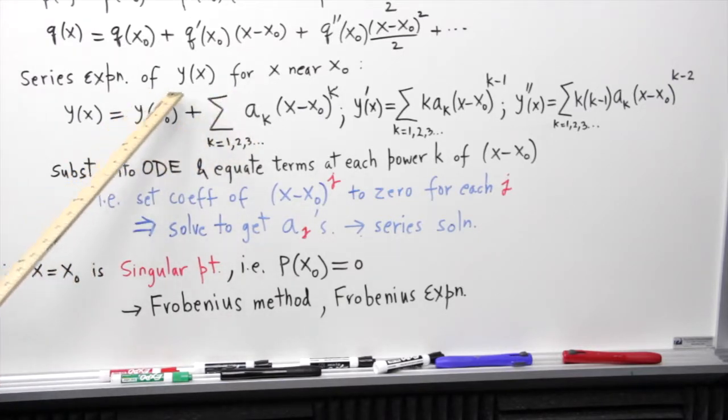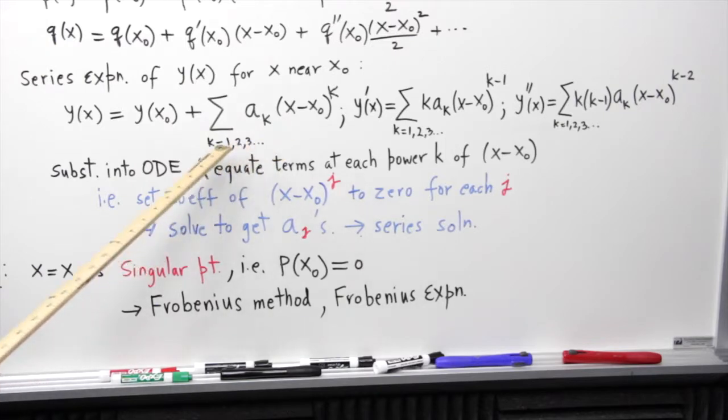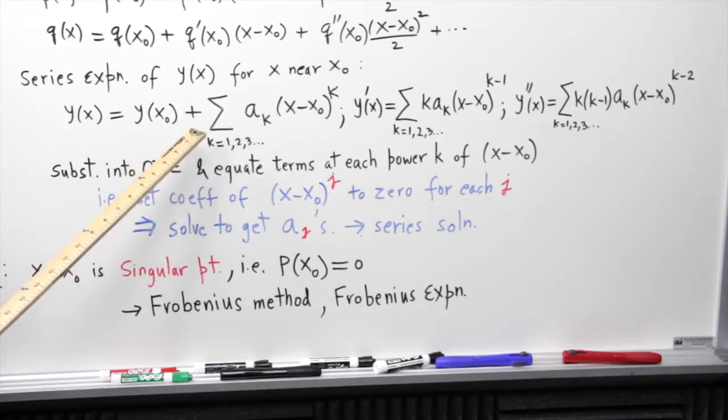If you want, we can put this term also inside. This doesn't have any x minus x naught, so we can call this a naught if you like, and have the series go from k equal to 0 onwards. These are just two equivalent ways of writing it.